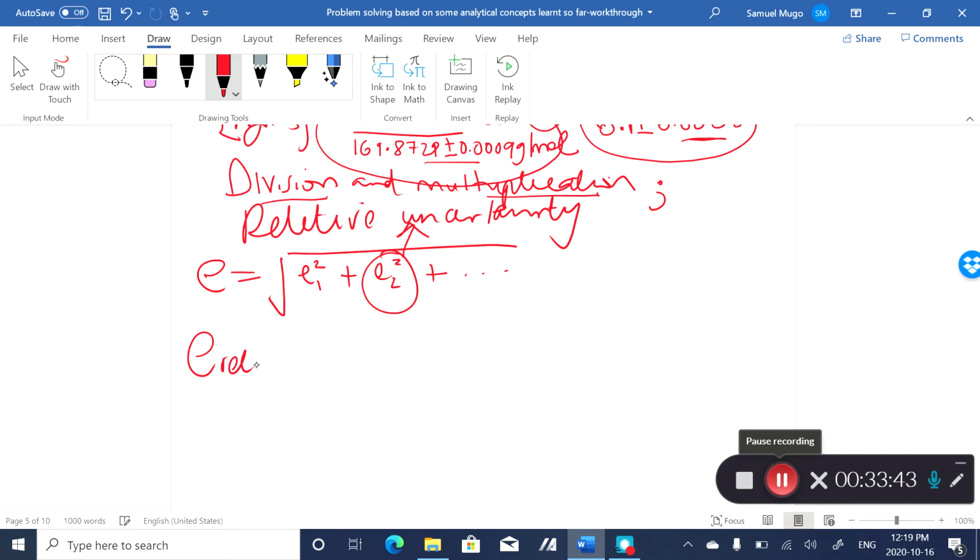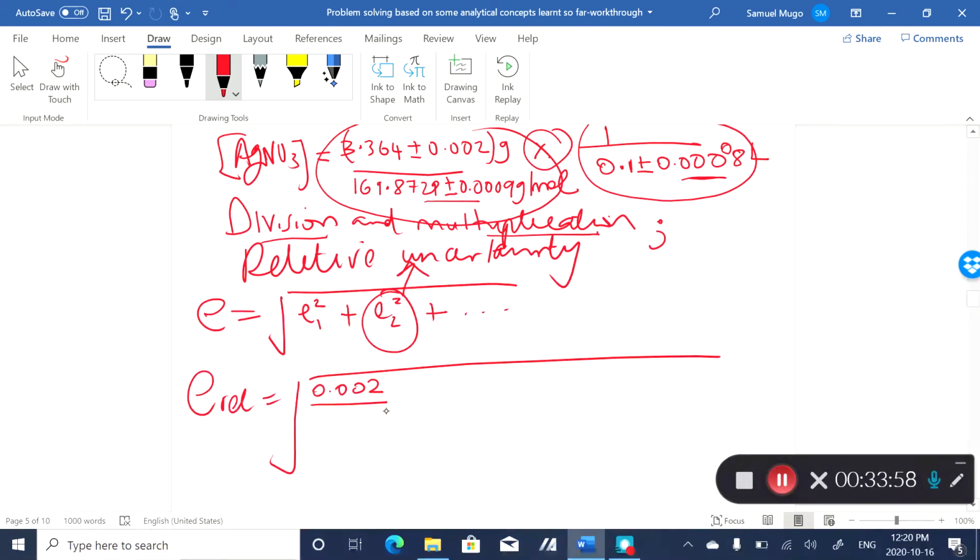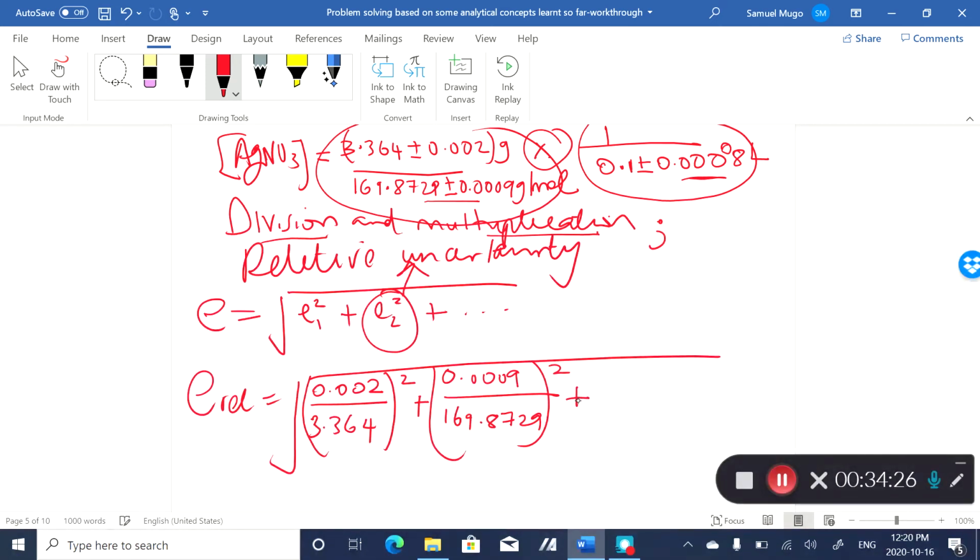So the relative error that we put in our propagation equation is going to be equal to 0.002 divided by 3.364, and of course remember I'm squaring it, plus 0.0009 divided by 169.8729, again squared, plus, again it's a division, 0.00008 divided by 0.1.